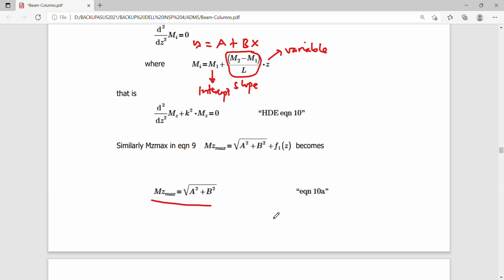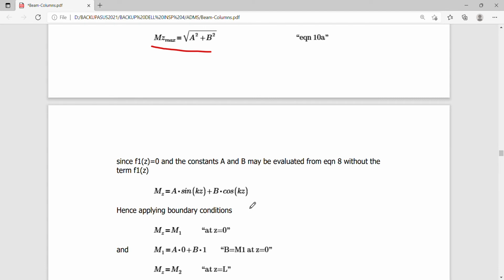So let's call this equation 10a, and since f1(z), as I have said, is 0, there is no transverse loading, and the constants a and b may be evaluated from equation 8 without the term f1(z).